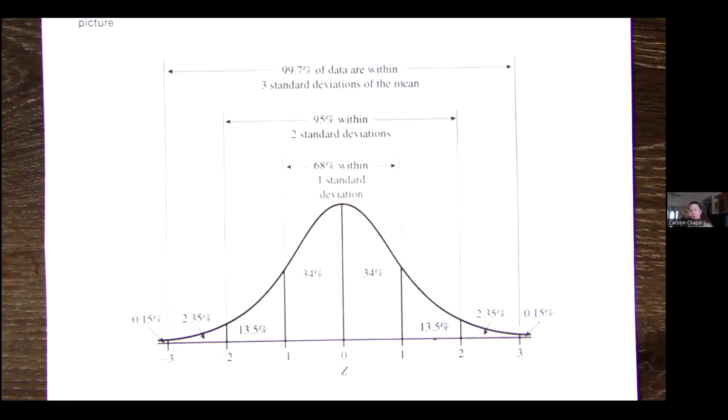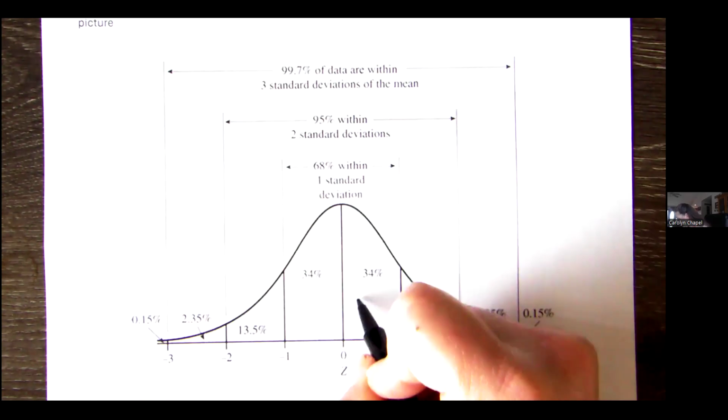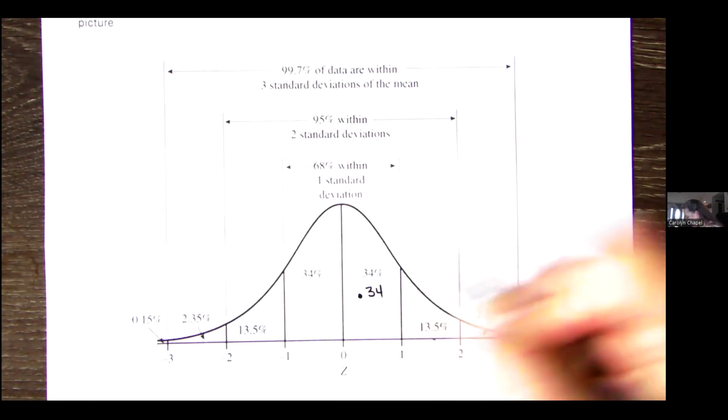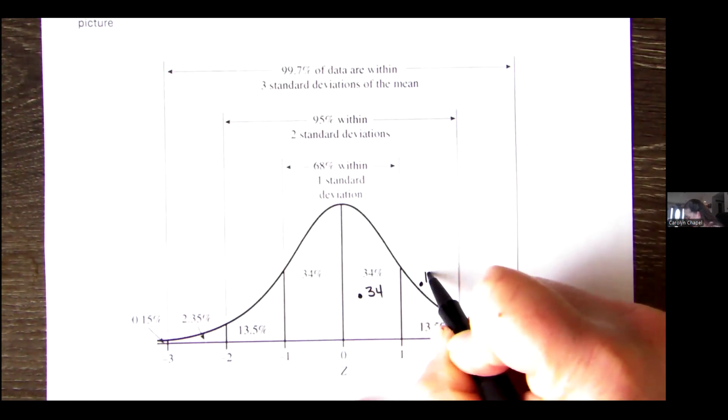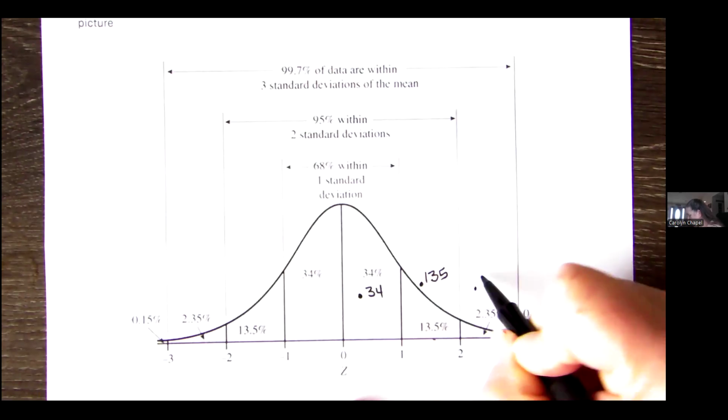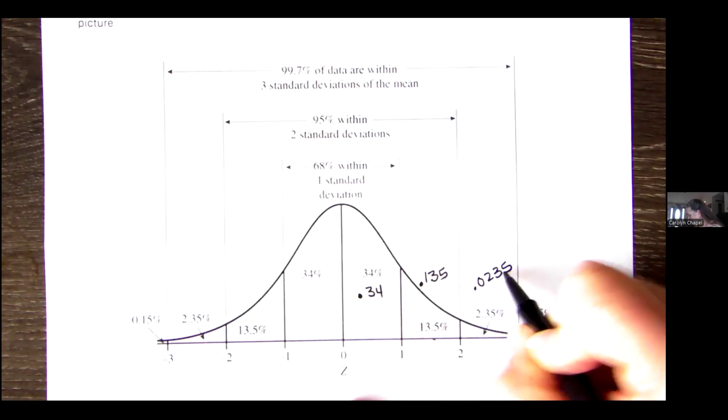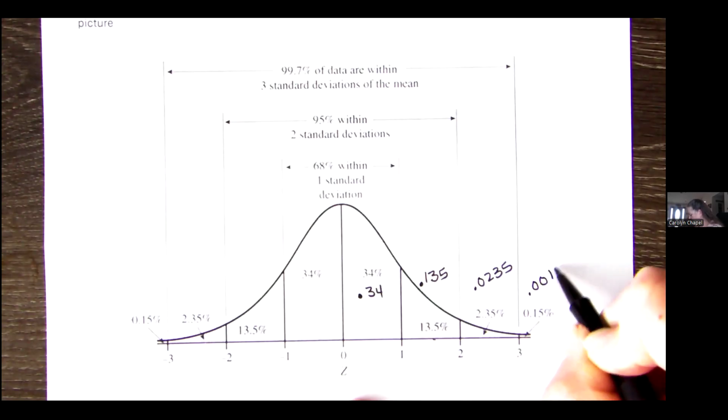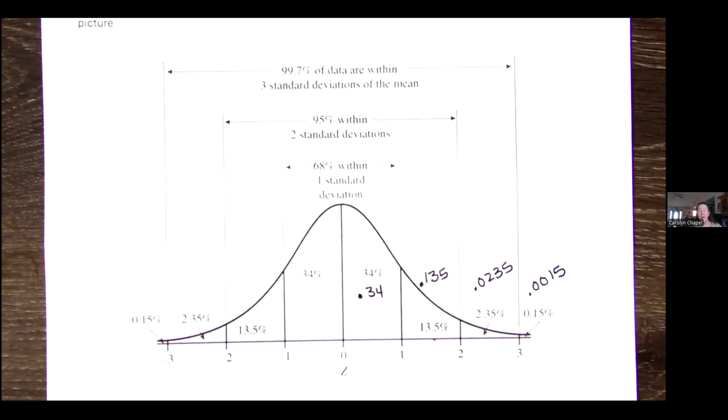In terms of probabilities, this would be 0.34, and I'm just going to do the upper half: 0.135, 0.0235, and 0.0015. So depending on what the question is asking you, you will use either the percentage or the decimal. If it's asking for probabilities, you'll use the decimals. If it's asking for a percentage, you will use that percentage piece.